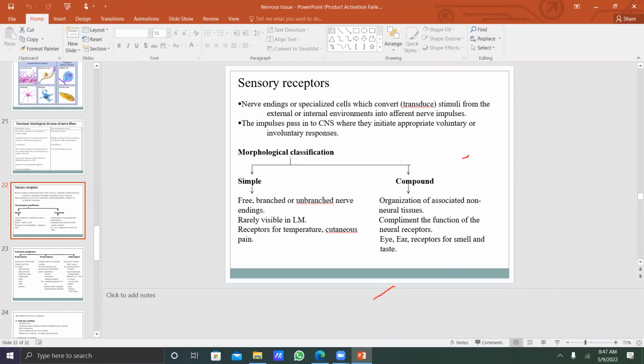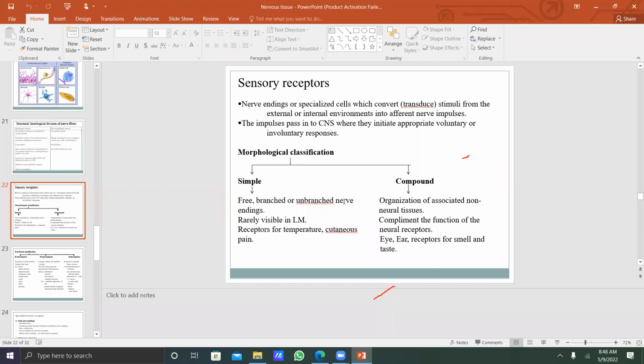These impulses pass into the central nervous system where they initiate appropriate voluntary or involuntary responses. So, the central nervous system responds according to the impulses it gets from these sensory receptors.